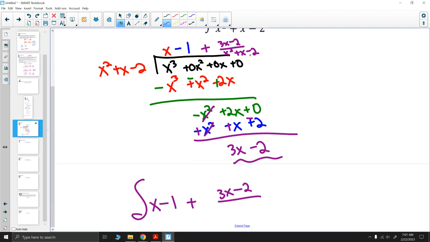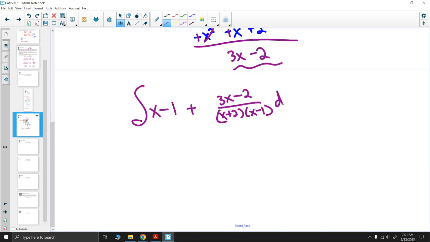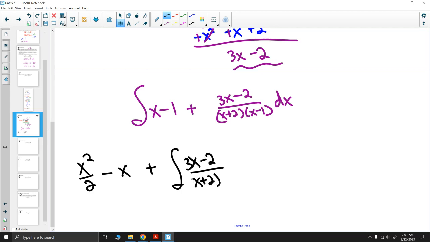I'm going to go ahead and factor that while I'm rewriting it. X squared plus x minus 2 factors as x plus 2, x minus 1. Okay, so these are easy to integrate. That would just be x squared over 2 minus x plus the integral of 3x minus 2 over x plus 2, x minus 1 dx.